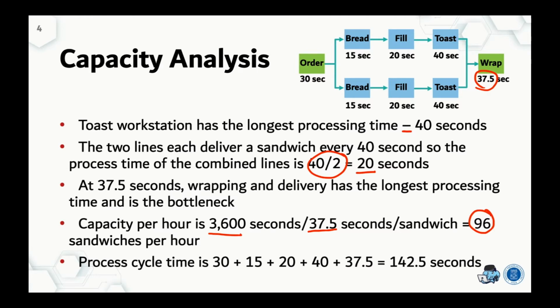And for the cycle time, based on the definition of the cycle time, we should follow the longest path. So 30 plus 15 plus 20 plus 40 plus 37.5 is equal to 142.5 seconds. So actually whether we pass through the upper line or the lower line, it is the same.